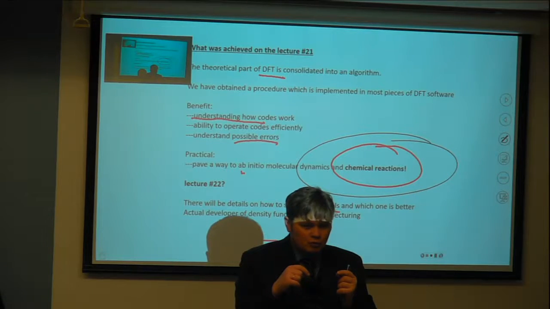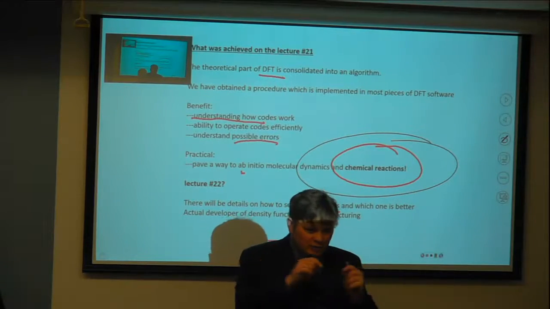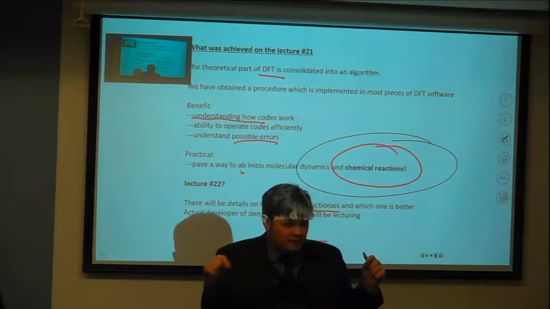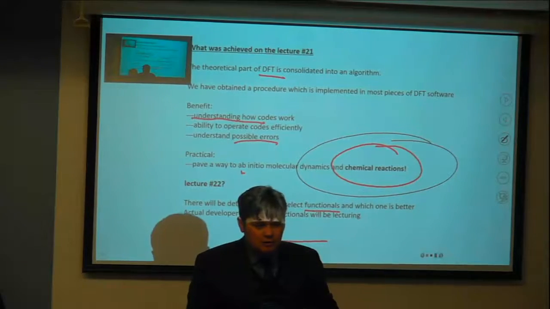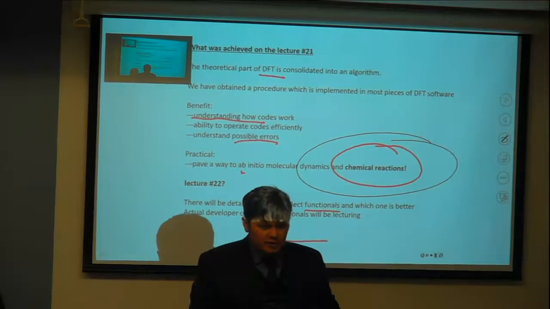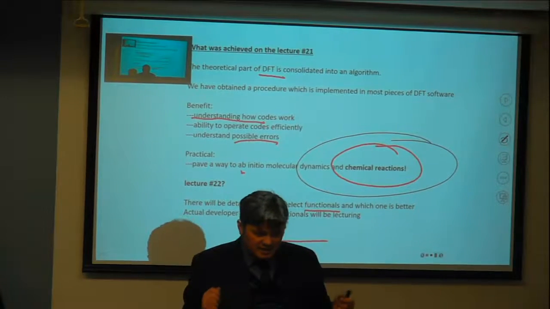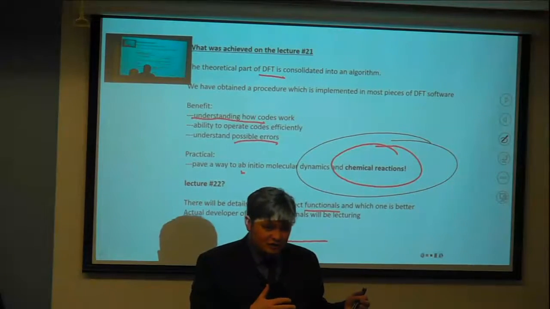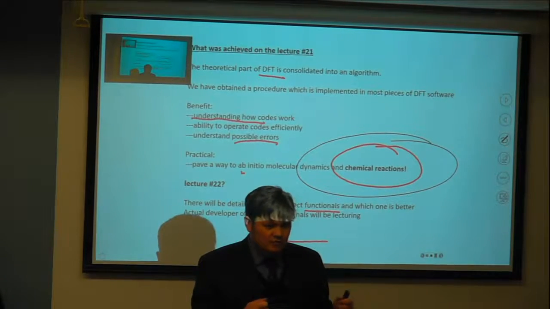The procedure will work equally efficiently for reactants, products, or intermediates, and the pathway between them. So it is a very powerful tool, and actually why we jumped from Gaussian to VASP, because this software, one of its sub-names is ab initio molecular dynamics code, because it is designed to predict how things change in time, how bonds are broken and formed.